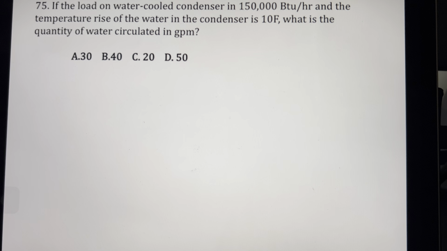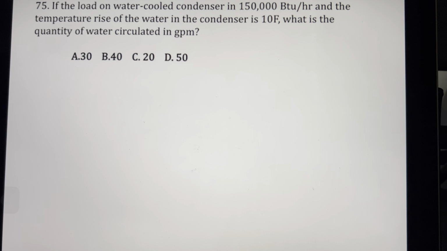75. If the load on a water-cooled condenser is 150,000 BTU per hour, and the temperature rise of the water in the condenser is 10 Fahrenheit, what is the quantity of water circulated in gallons per minute? As you can see, there is a rise in the temperature, meaning inside the condenser, there is an involved sensible heat.